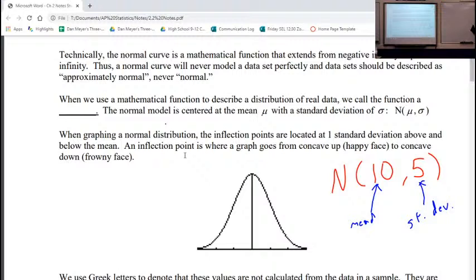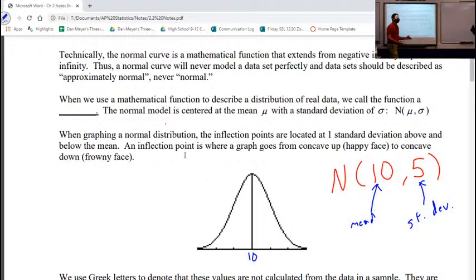If we have a mean of 10 and a standard deviation of 5, the mean of the distribution is going to end up being in the center. So our data is going to be centered right at the mean. That's the nice thing about a symmetric distribution. So if the mean is 10, then 10 is going to go in the middle.